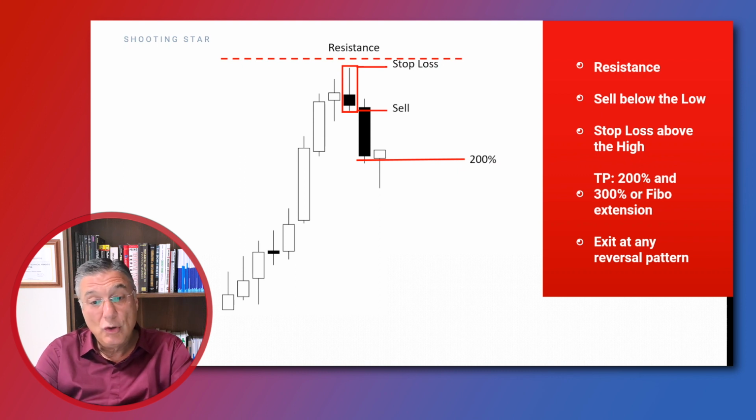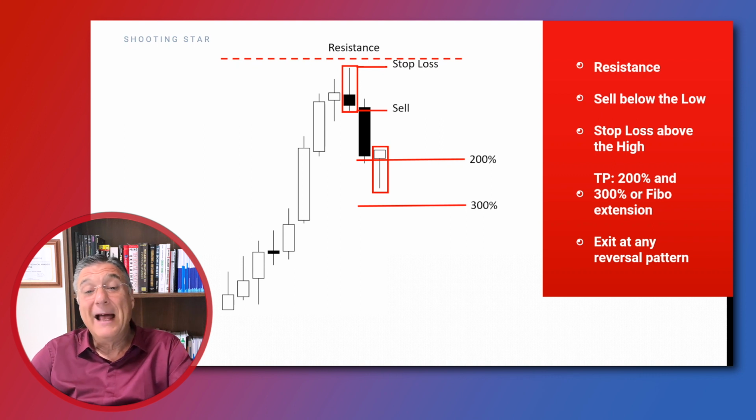We do not close the entire trade, but rather close part of our trade and allow another part to run lower. At the 300% level, we would close another part of our trade, but unfortunately, there was a reversal pattern near the 200% level.